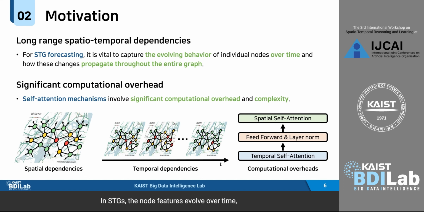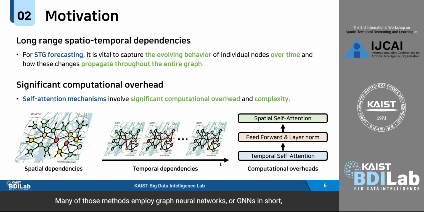In STGs, the node features evolve over time, and these changes propagate throughout the entire graph. Spatial-temporal graph neural networks, or STGNNs in short, have emerged as a powerful tool for capturing both spatial and temporal dependencies in STGs.